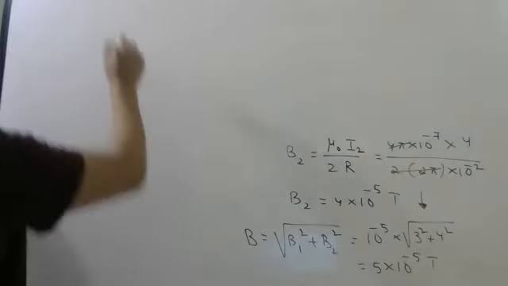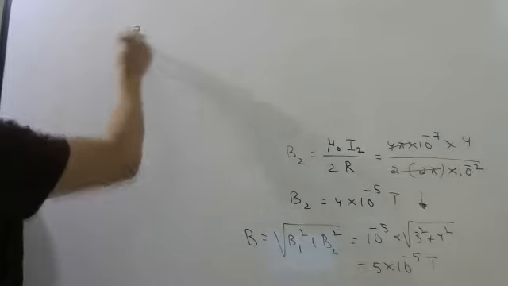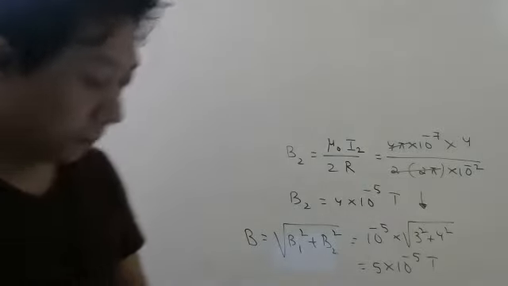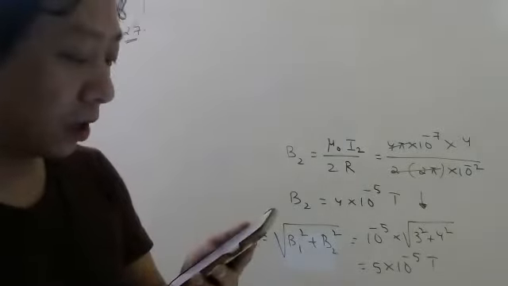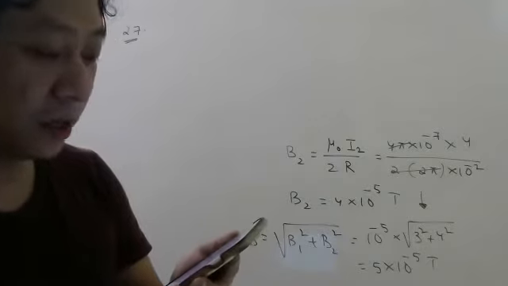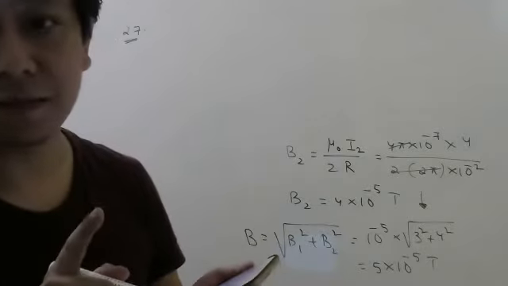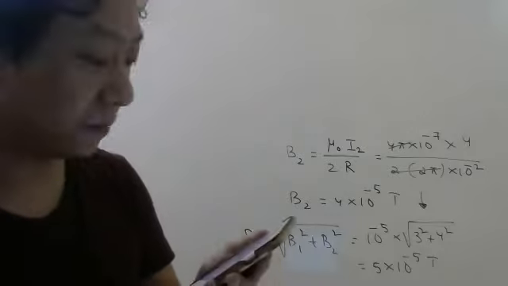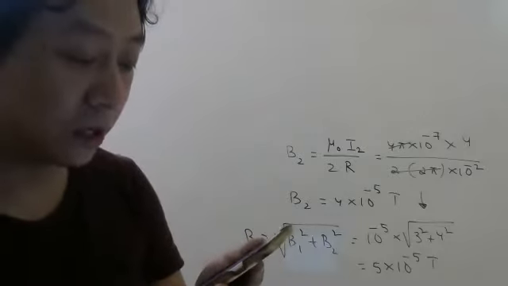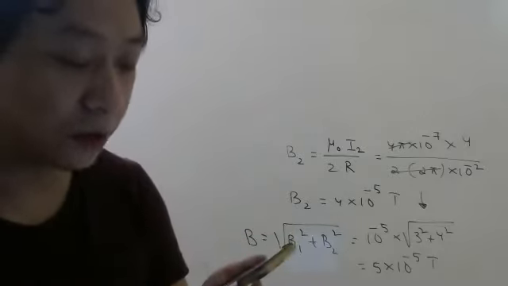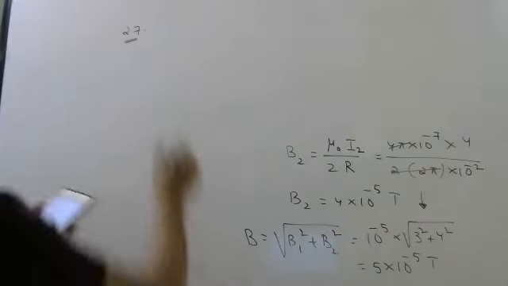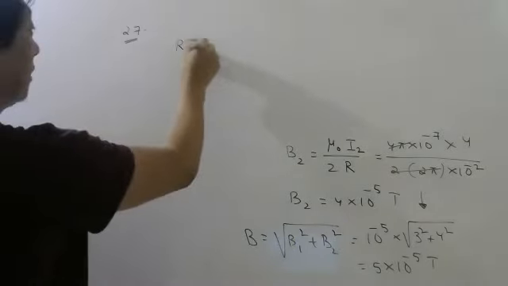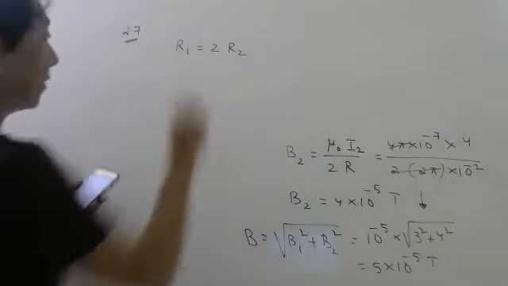Question number 27, you see. Two circular coils, 1 and 2, are made of the same wire. Same wire means the material is the same. But the radius of the first coil is twice that of the second coil.